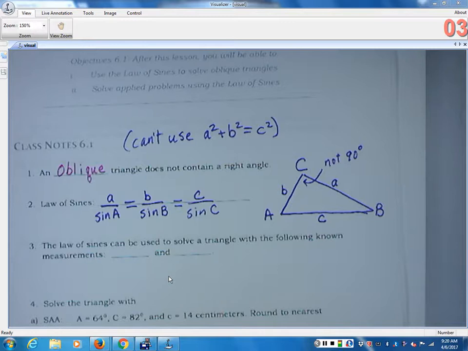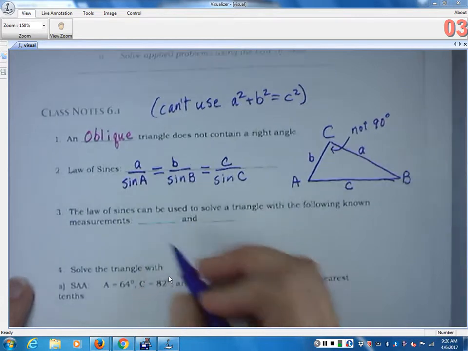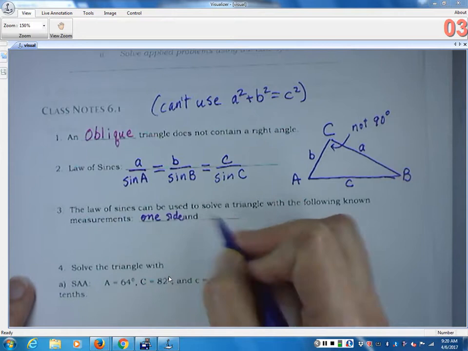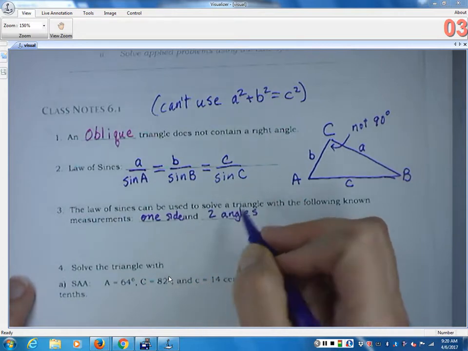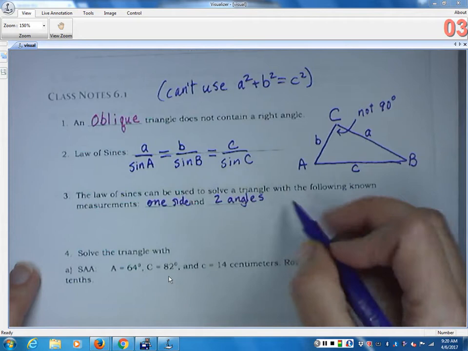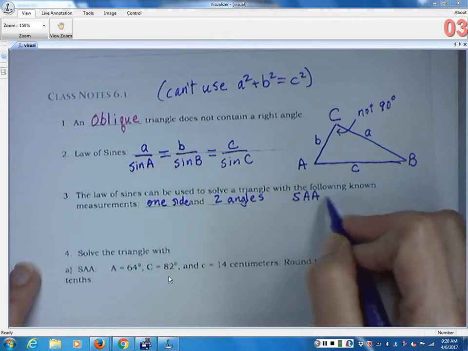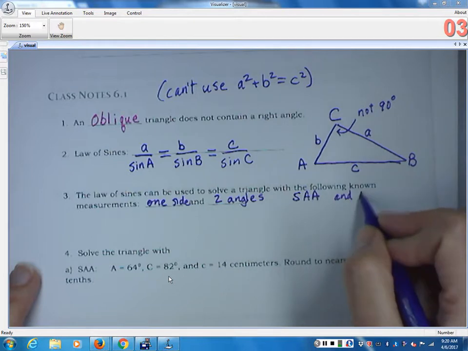So the law of sines can be used to solve a triangle with the following known measurements. One side and two angles. Or we write it, it could be side angle angle and angle side angle.